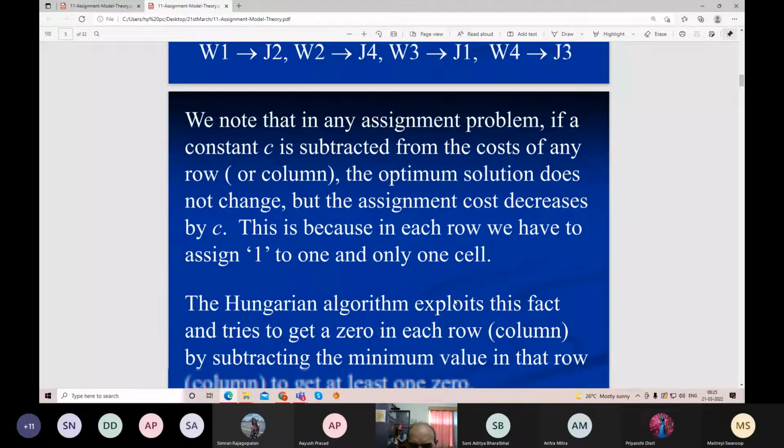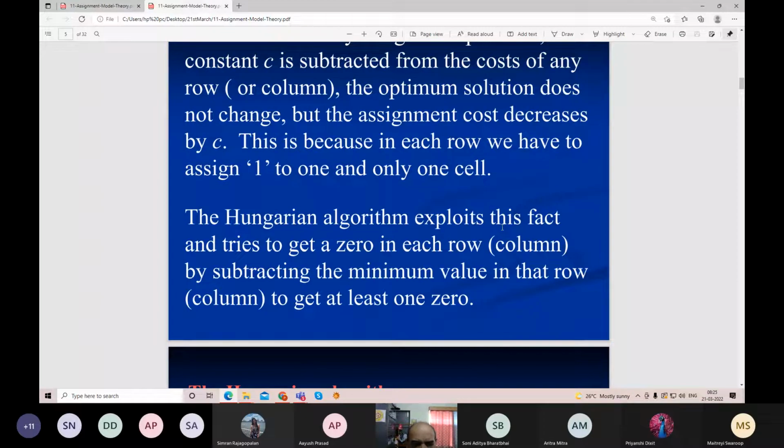The Hungarian algorithm exploits this fact and tries to find a zero in each row or column by subtracting the minimum value in that row to get at least one zero. This will explain in this manner.